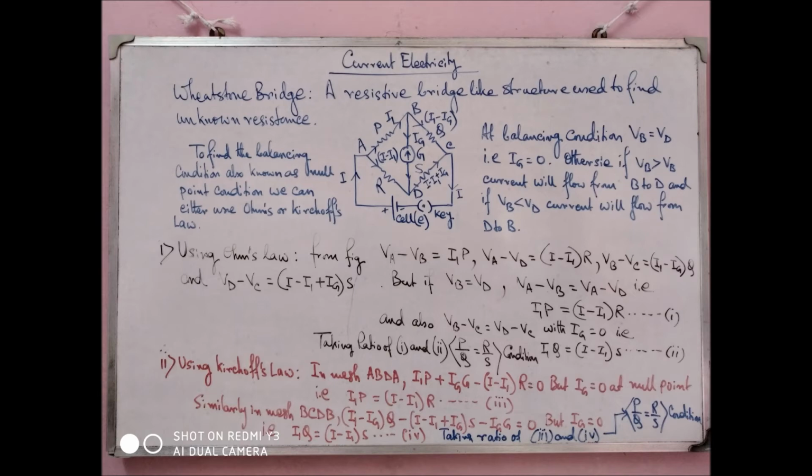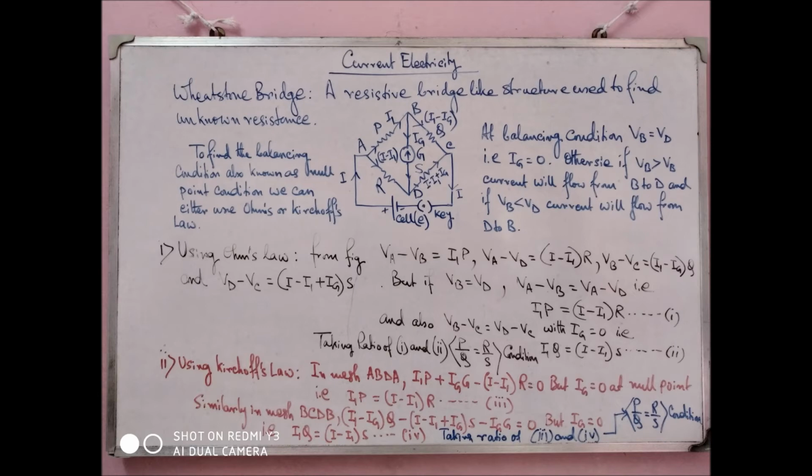That means ultimately the conclusion is that potential at B can be more than D and vice versa, that is, D can also be more than B. Now, when current flows from B to D, if the pointer of the galvanometer deflects towards the right, suppose right, then from D to B it will deflect towards the left.